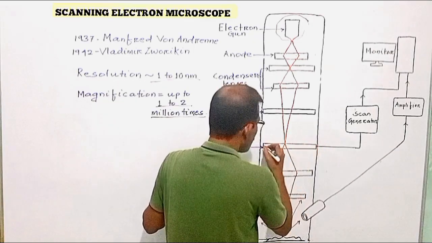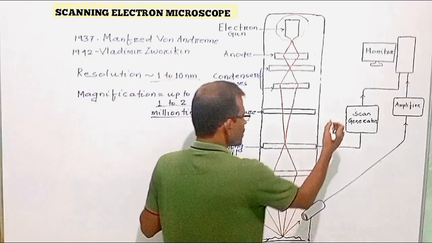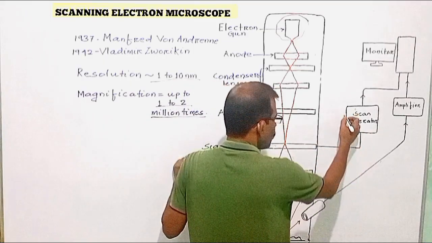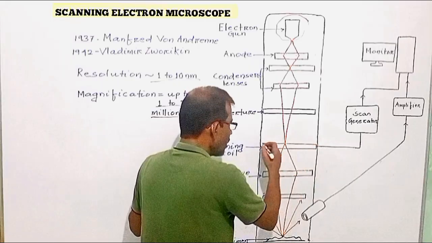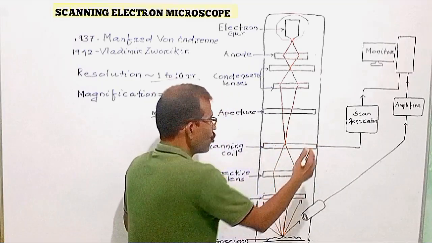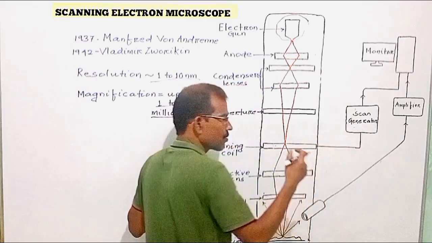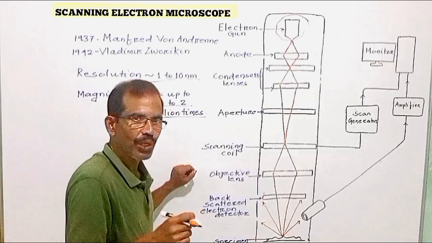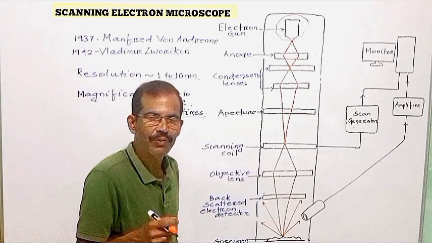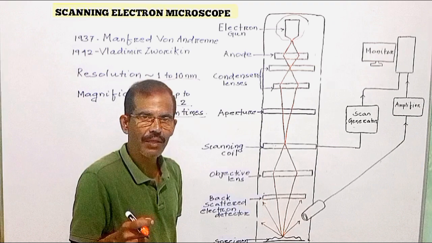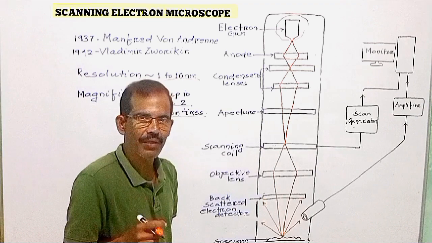The scanning coils are controlled by the scan generator, which functions as the brain, and the coil is the muscle. Both of them work together to sweep the electron beam across the specimen surface in a systematic line-by-line pattern.